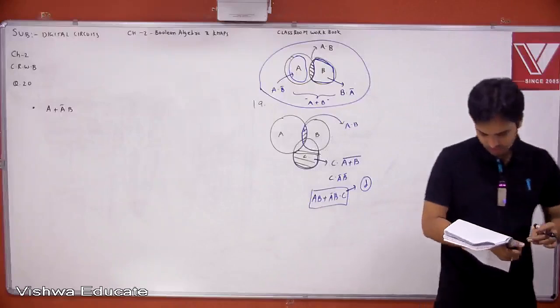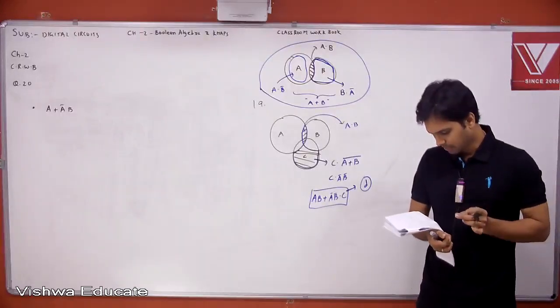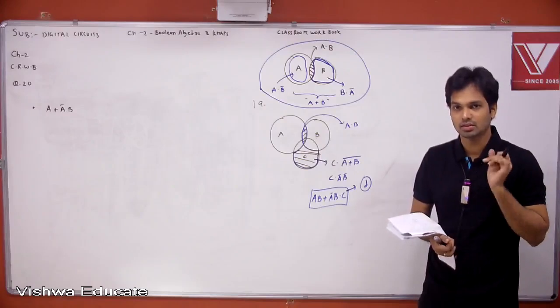The Venn diagram representing the Boolean expression A plus A bar B is.